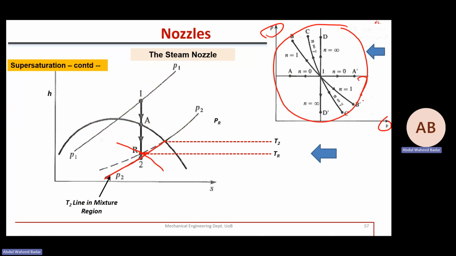For a normal flow, it would have gone like this. But because the dome is shifted here, this TR line will continue till point R. Now you can imagine TR is less than T2 because the dome is shifted to point R. So this TR line will continue its curvature, and now it's clear.